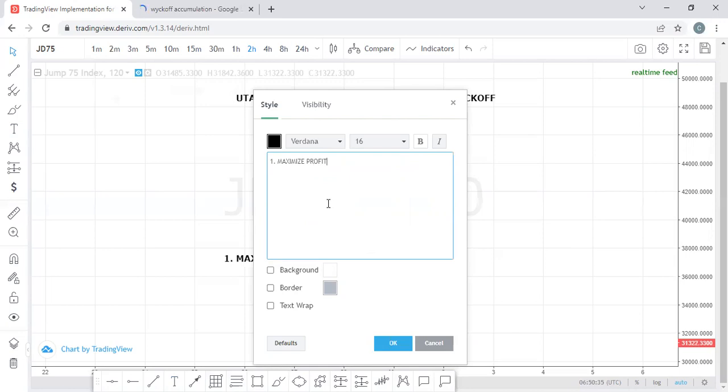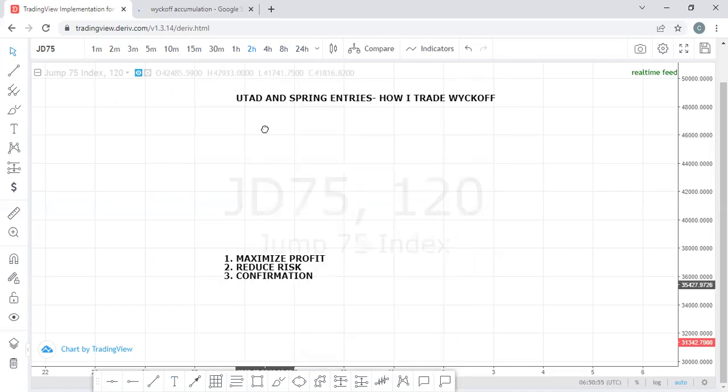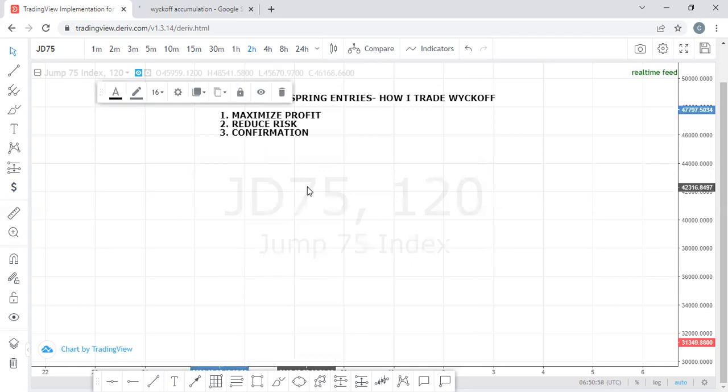The second reason why we do Wyckoff is to reduce your risk. And the third reason why you do this is for confirmation, or let's say trade confirmation or confluence, whatever we want to call it, right? So those are the three reasons why we use Wyckoff schematics: to maximize your profits, to reduce your risk, and to have that confirmation, right?